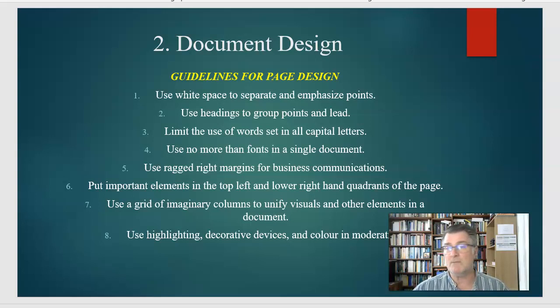So if you want to put something of great importance, you've got a place to put it. The top left or the bottom right. And that's typically where our eye moves. So if you want to catch someone's attention, be strategic on where you put it. You can set up your visuals, or your text, in visual columns that are easy to read.